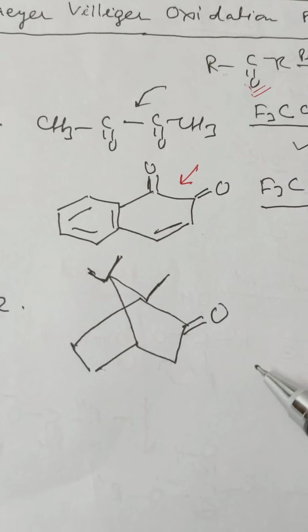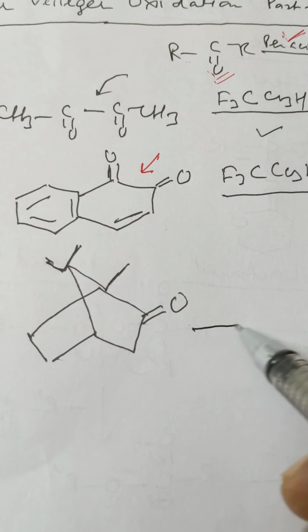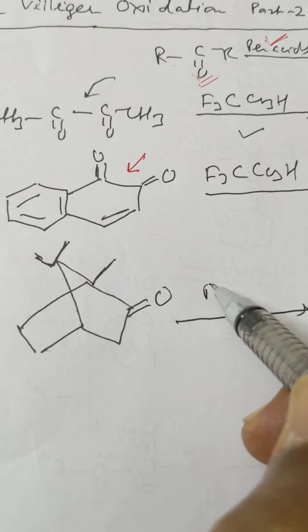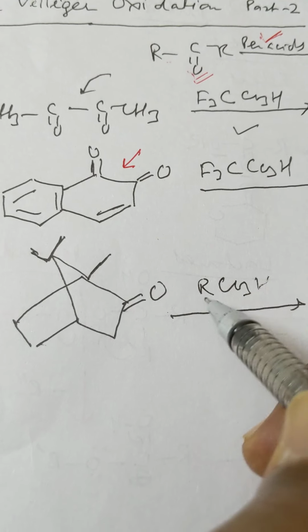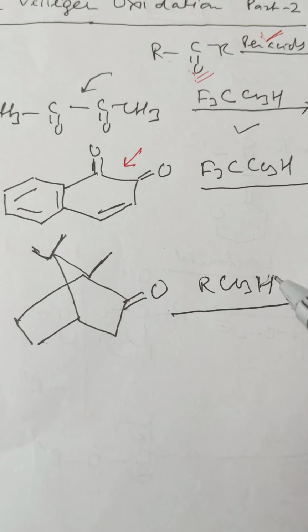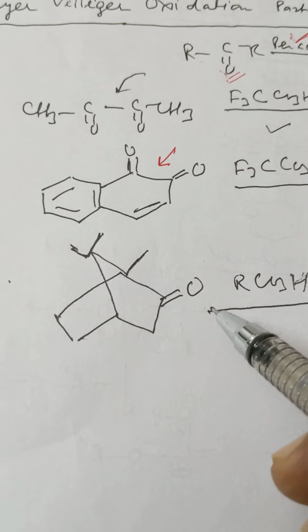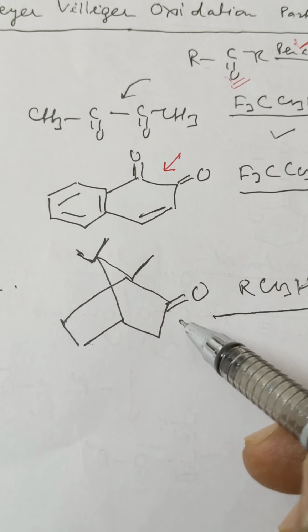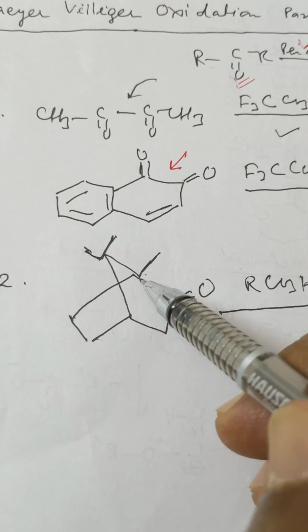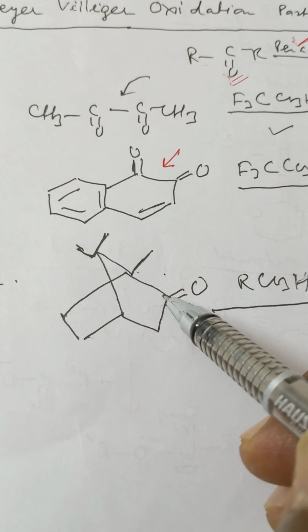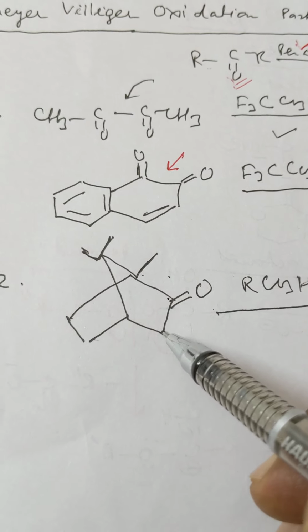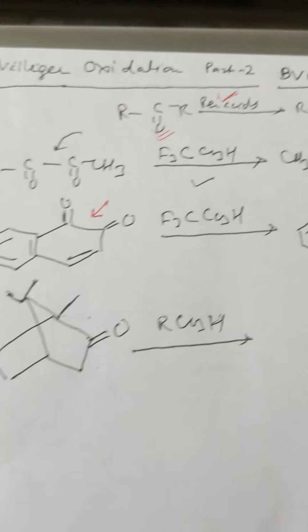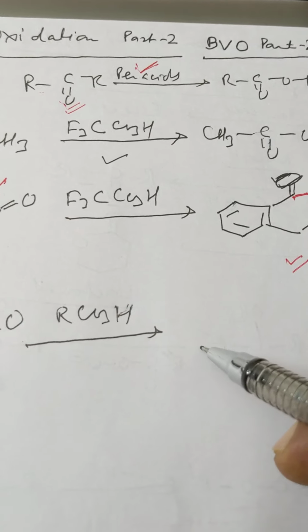Now what do you think? In such a case, say we are taking any peracid; generally any peracid we can take for the oxidation. The product will be ester. Now there are two possibilities in this case. One is that oxygen is introduced between this and this, and another possibility is that oxygen is introduced between this and this. Let me draw both these products first.